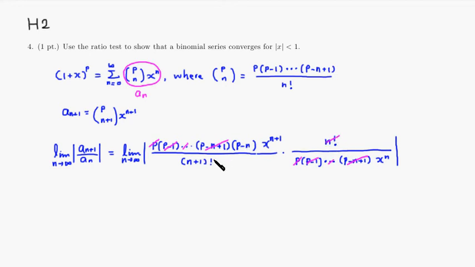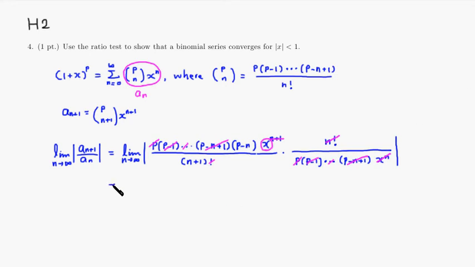So you have n plus 1 on the bottom. Also, x to the n against x to the n plus 1 leaves one x. Then clean it up.